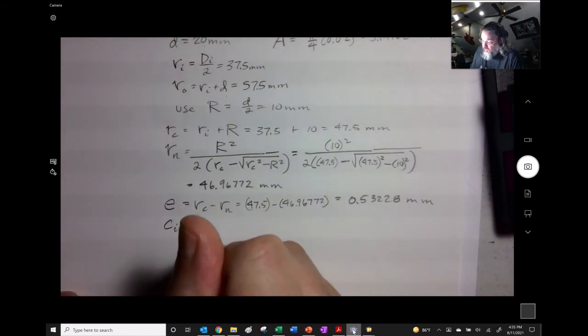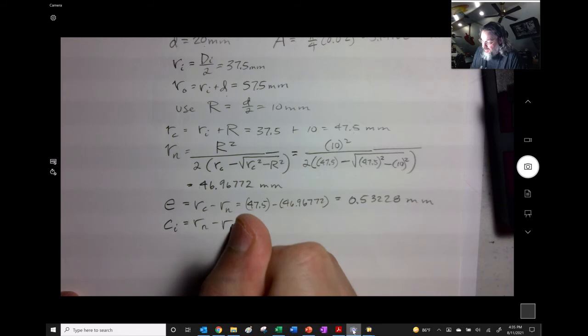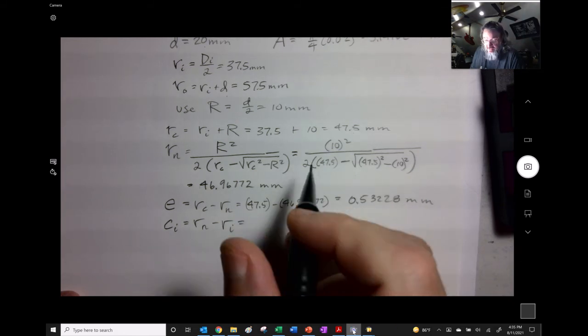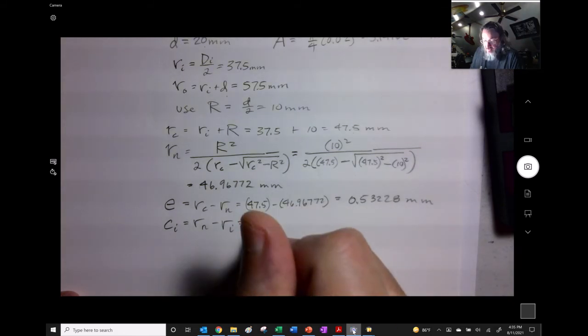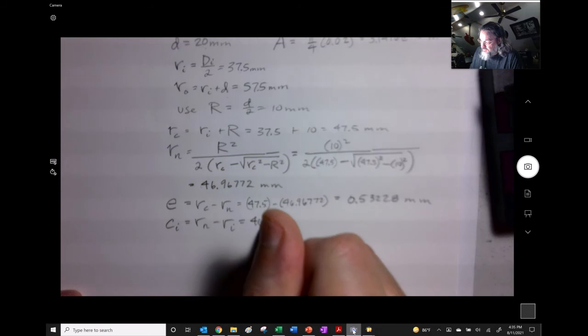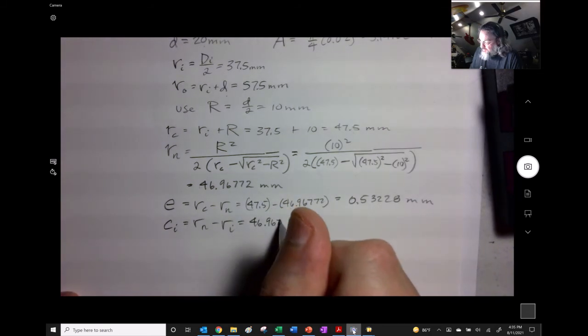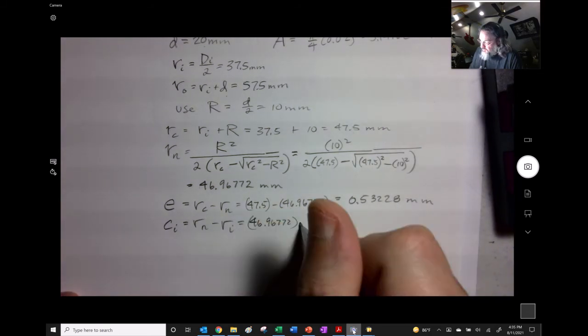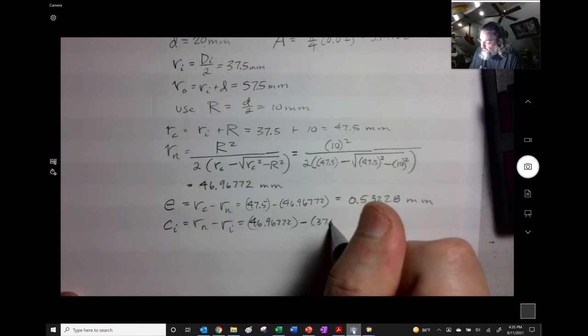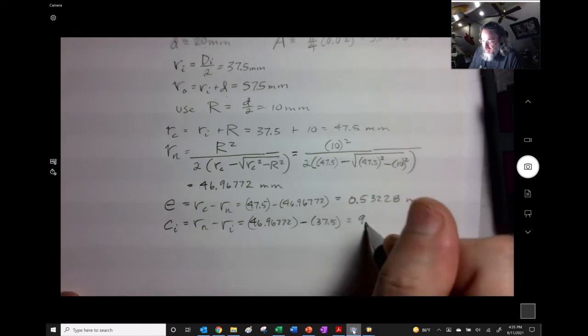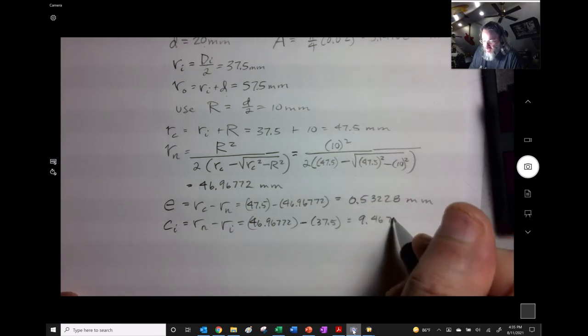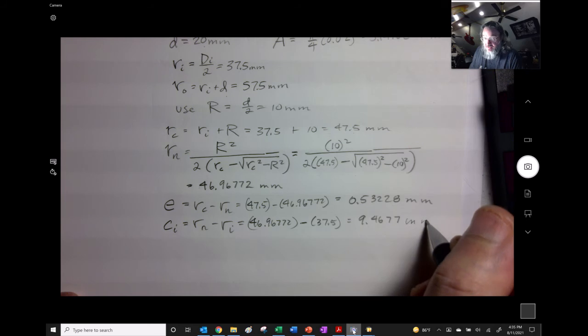CI is RN minus RI. That's the inner thing. So that's 46.96772 minus 37.5, and we get 9.4677 millimeters.